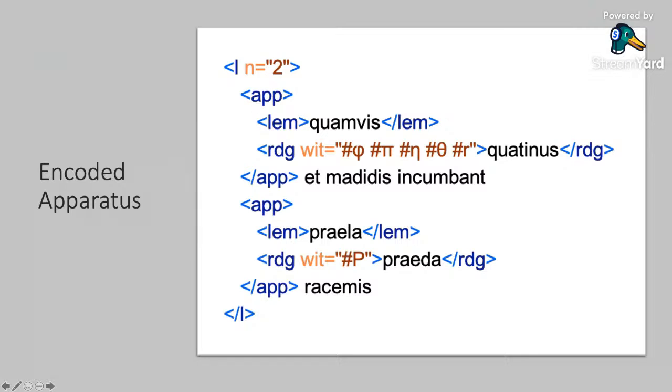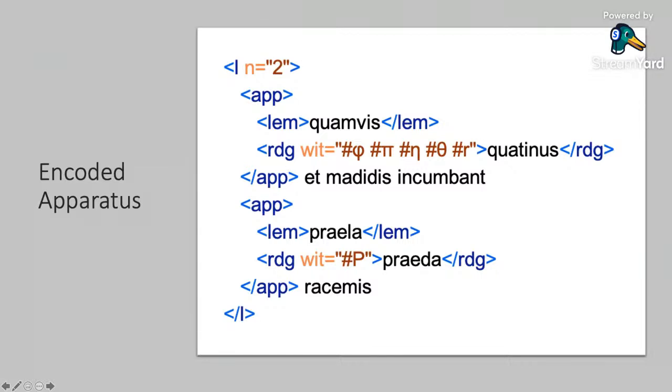The apparatus is encoded directly into the text rather than being at the bottom of a page ready to be ignored. The lemma is here for people to see that this is the word that is being referred to. The reading tag gives us the variant reading with witnesses, and all of these pound symbols indicate that there is more information about these witnesses further up in the text or in the edition.